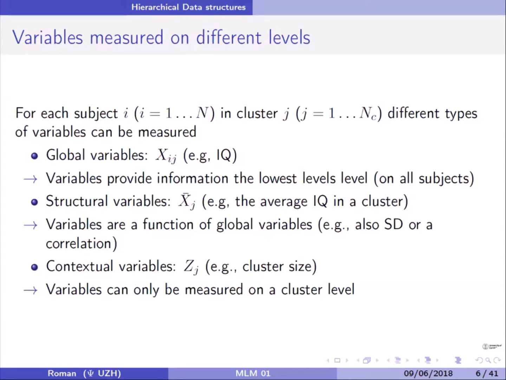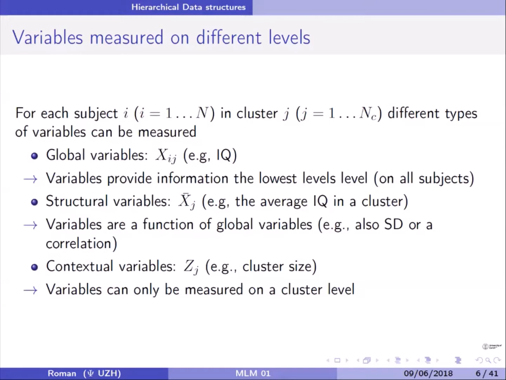So in multi-level models, now if you picture this, students nested in classes, we could have information about students, their IQ or their performance on math tests or how much they annoy their teachers. This would be a global variable. Now notice here, the subscript is very important when we get to multi-level modeling.